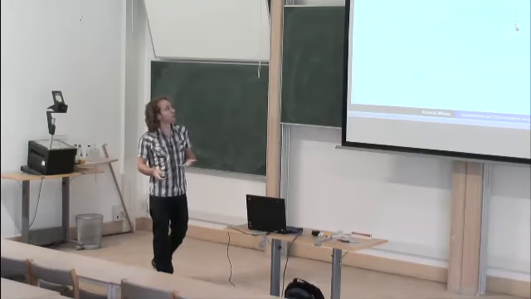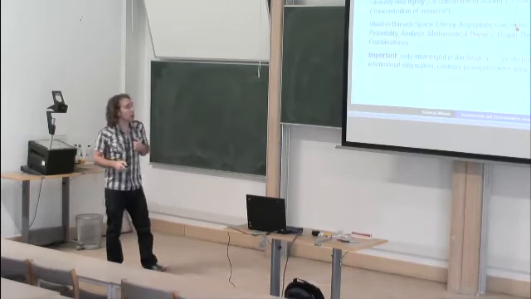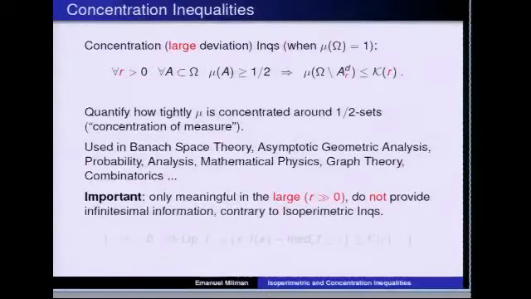In other words, this quantifies how tightly the measure mu is concentrated around sets having measure 1/2. If we start with any such set and we take the extension of this set, we want to say that there's not much left outside in terms of measure. This is the so-called concentration of measure phenomenon.